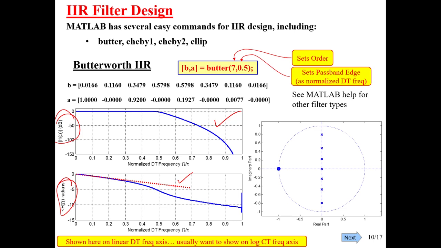And then here's a pole-zero plot for this Butterworth filter design. And we can see something interesting. There are 7 zeros right there at the -1, 0 location. So it's -1 on the real axis. So this position is both minus pi and plus pi on the frequency axis.